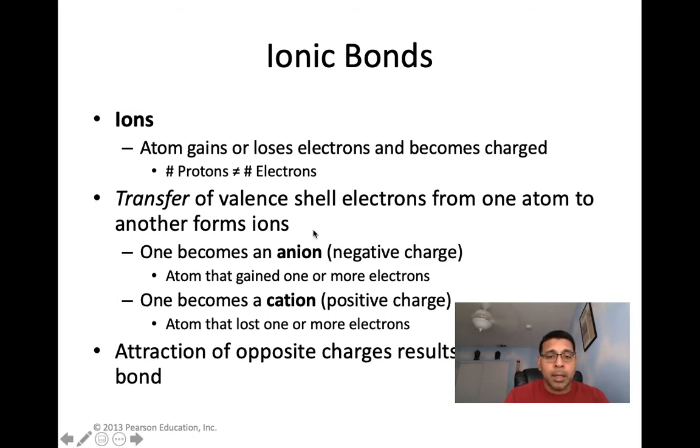You can see that here, the term anion. And it has a negative charge. So the anion is the atom that gains one or more electrons.